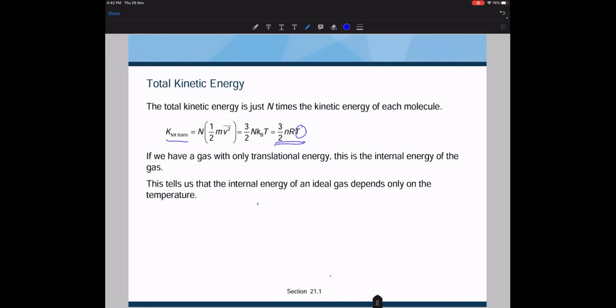So for simple molecules, the internal energy is just equal to the total kinetic energy or total translational kinetic energy. So it would be proportional to the temperature. That is the main idea for this derivation here.